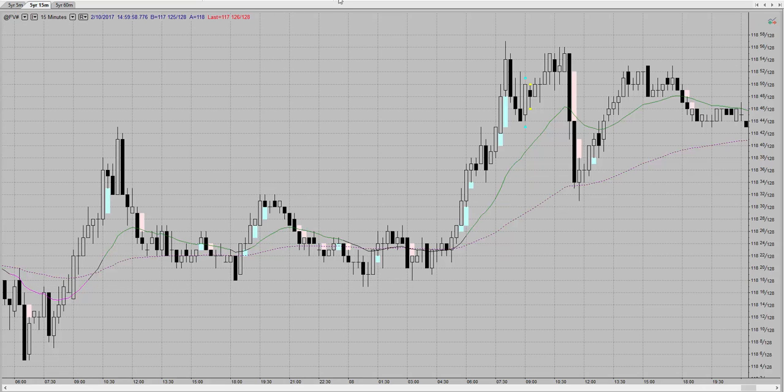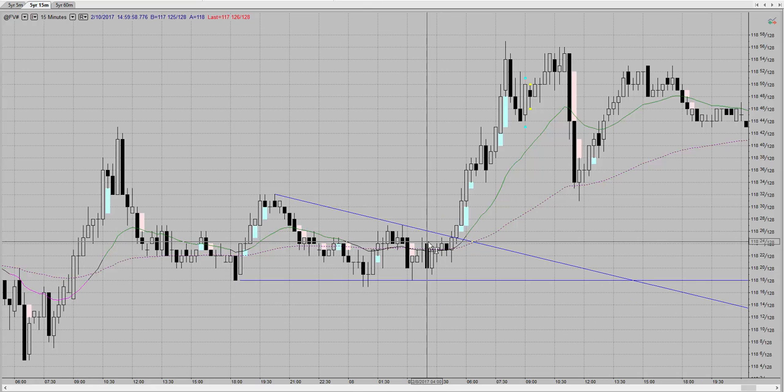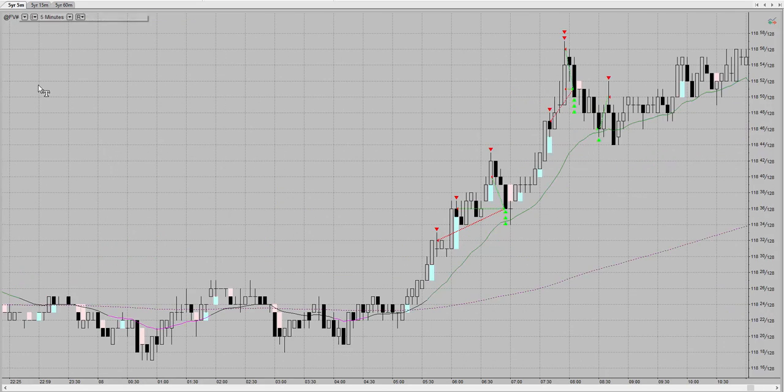You could even say this was a triangle on the higher time frame. We broke out of it, and I should have been going long. I mean, clearly we had 1, 2, 3, 4, 5, 6, 7, 8, 9 bars without a bear bar. It's all in long. So why I was shorting is a good question.